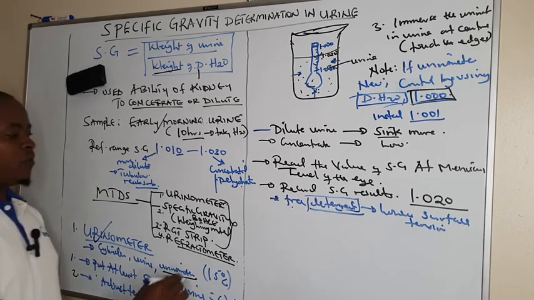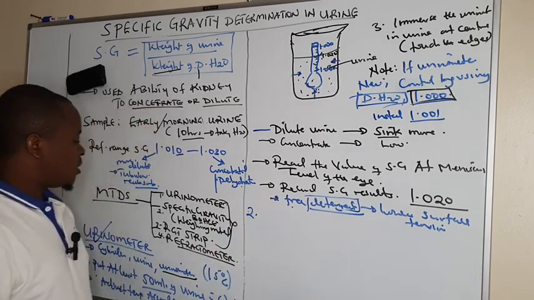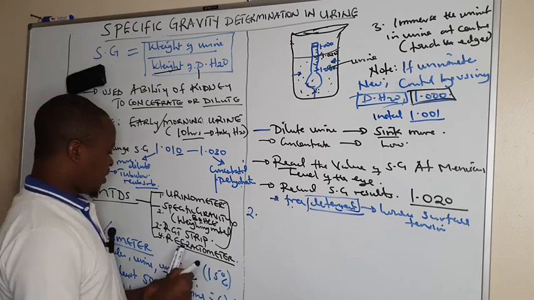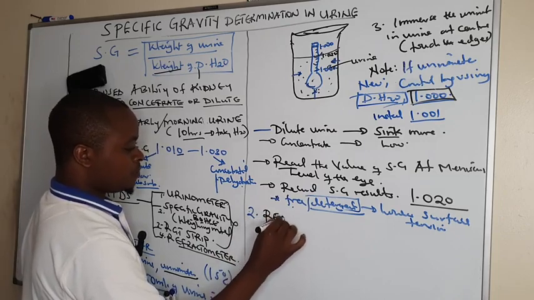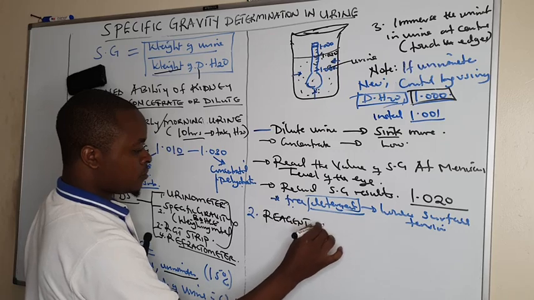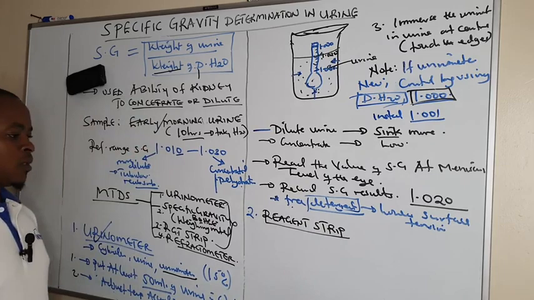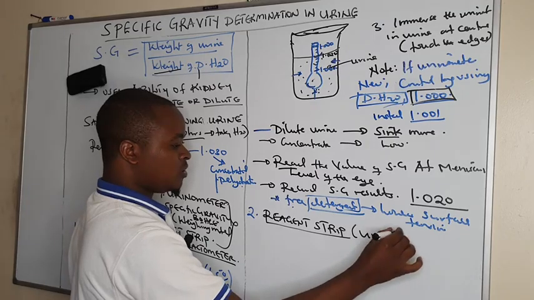The next method we can discuss in this session is the second one, which is the reagent strip. Sometimes people call it heuristic.